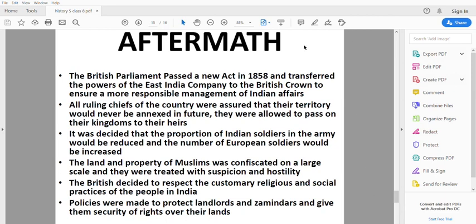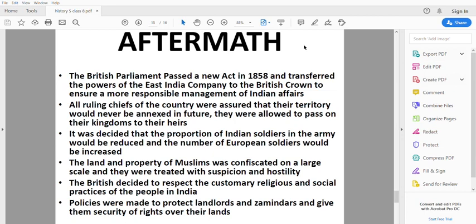Now, what happened after the revolt of 1857, which is called after May? These are very important points that you have to remember. Many a time the question comes in the exam, so carefully see the points.